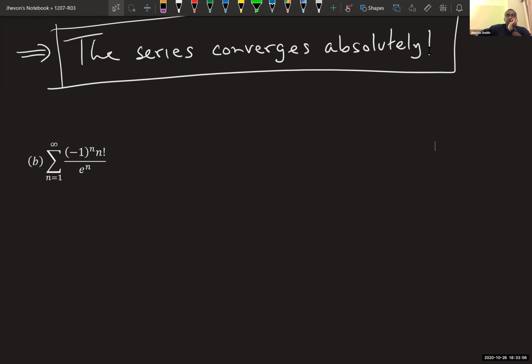Well, it doesn't outtrump everything. Anything to the n would be larger. e to the n would be larger. No. So what was the hierarchy? Well, it looks like it's an alternating series that doesn't approach zero, so I don't think you can tell if it converges by that.